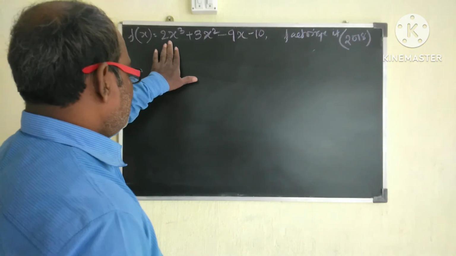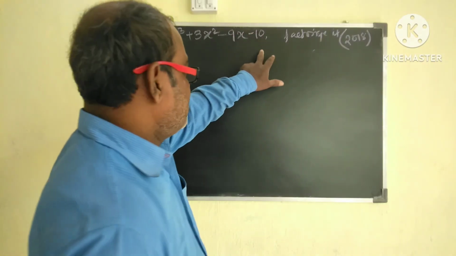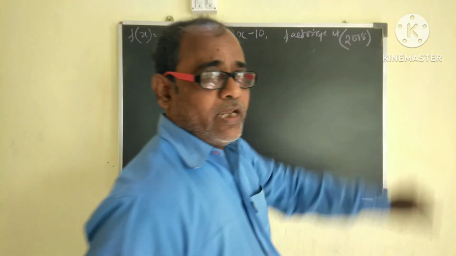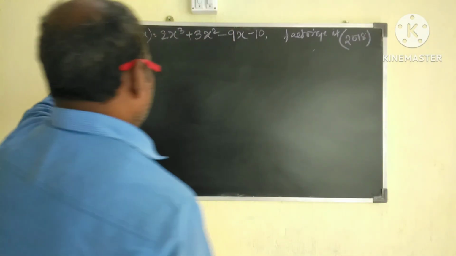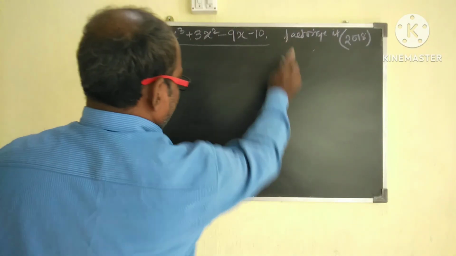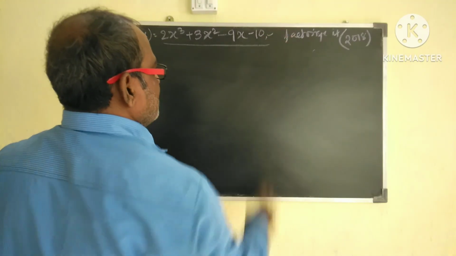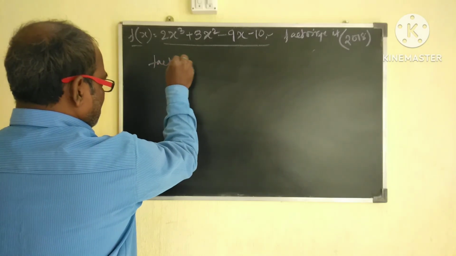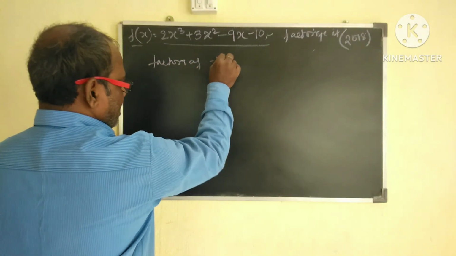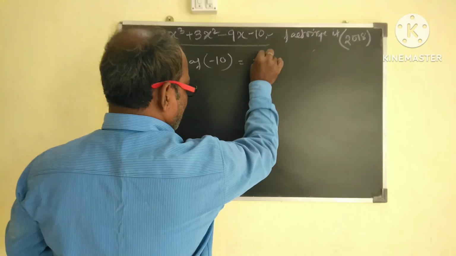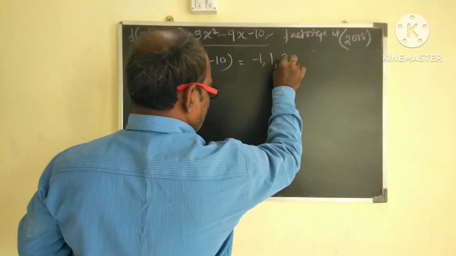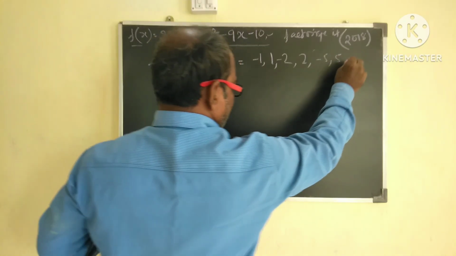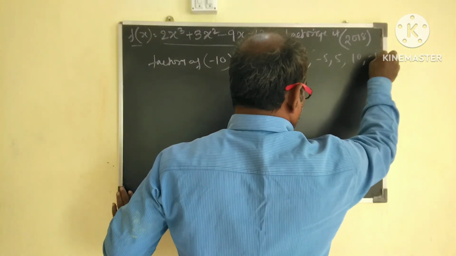The given question is 2x cube plus 3x square minus 9x minus 10. You have to factorize it with the help of the factor theorem, which has already occurred in 2018. At first we take f of x to be this. Then this is the constant term. First we have to find the factors of this constant term, so write down the factors of minus 10: minus 1, 1, minus 2, 2, minus 5, 5, 10, minus 10.